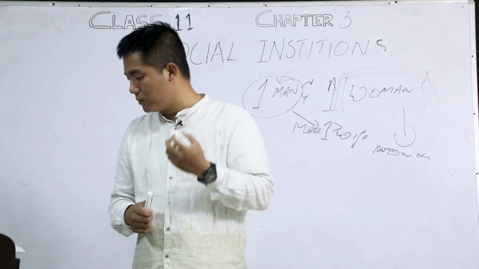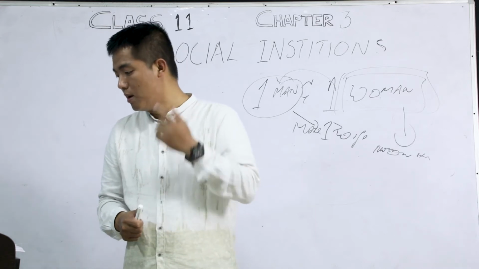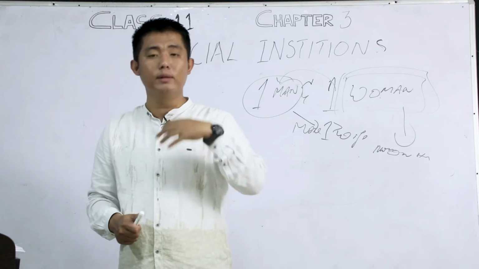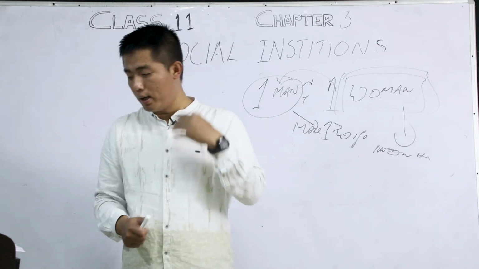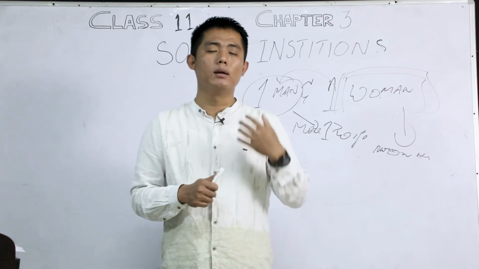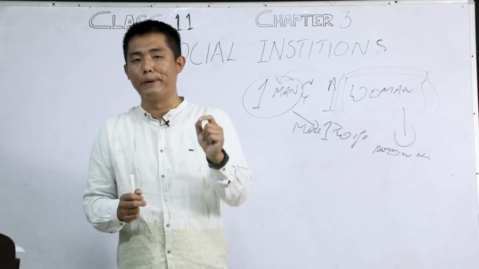It's given in your textbook, page number 31. Polygyny is a union in which a man is married to more than one woman who is alive. So that is what it means by polygyny.